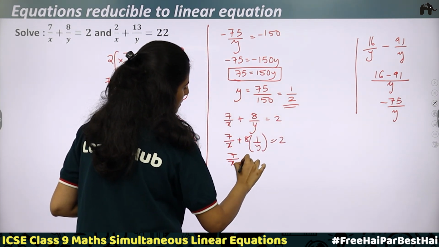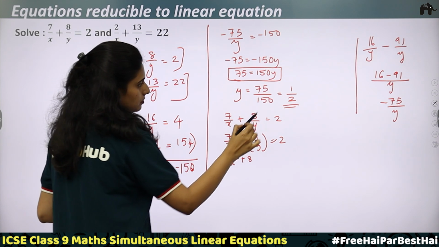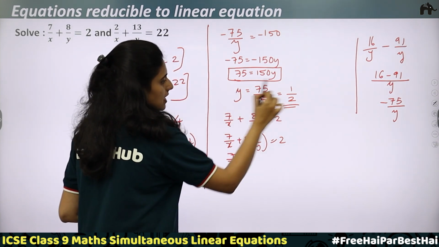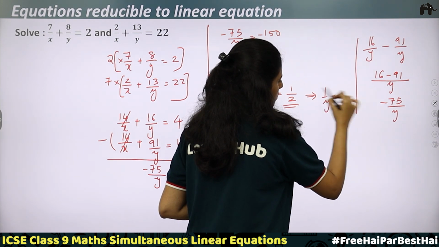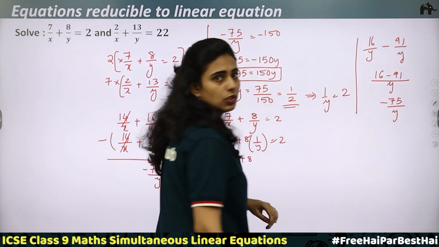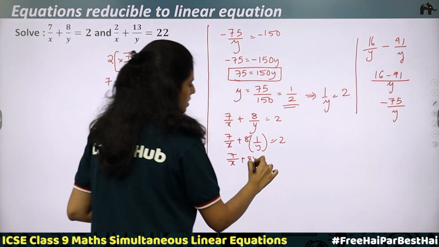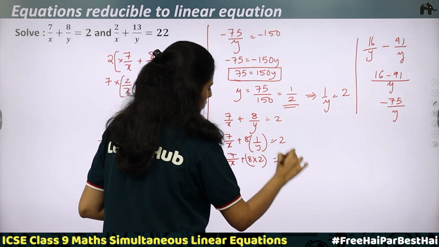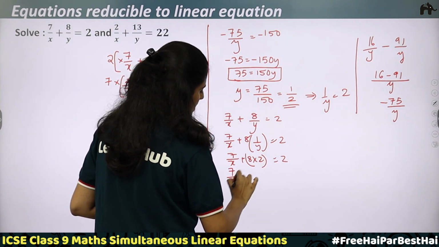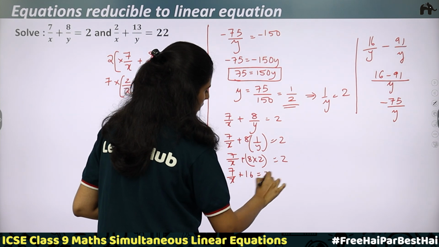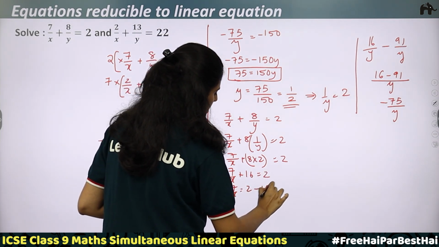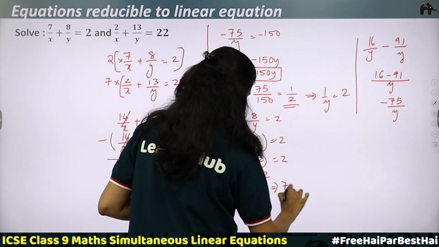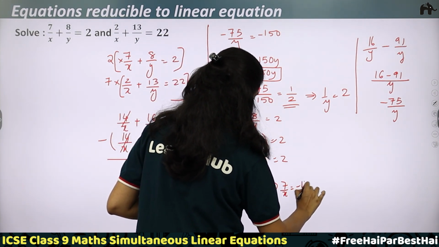If y is equal to 1 by 2, then 1 by y will be equal to the reciprocal of 1 by 2, that is 2. So 8 into 2 is 16. 7 by x plus 16 is equal to 2, or 7 by x is equal to 2 minus 16, which is 7 by x is equal to minus 14.